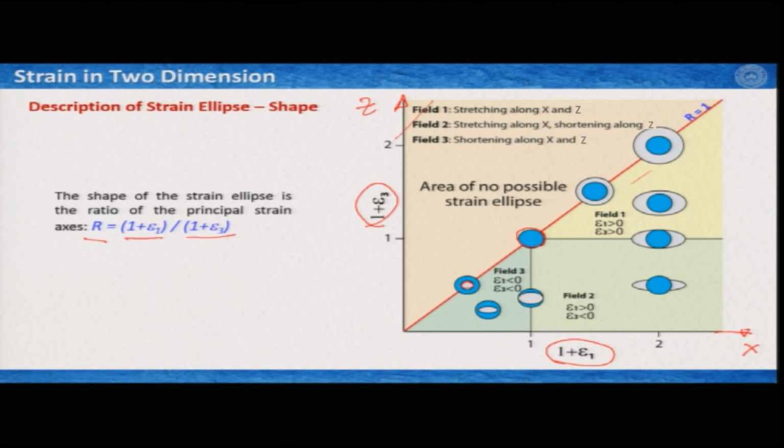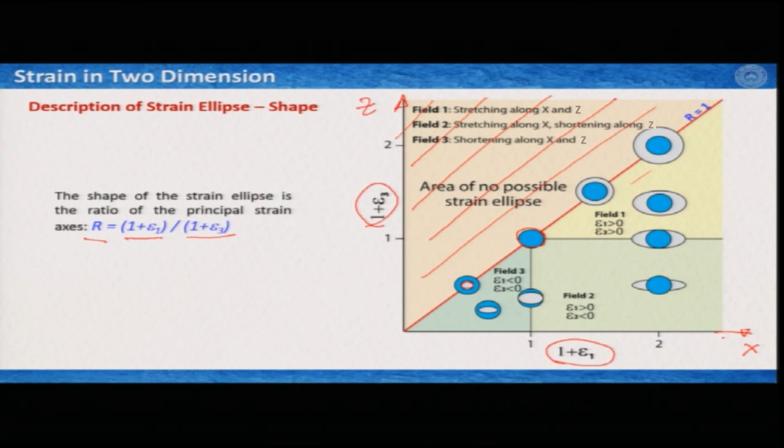Now, in this domain, that is above this R equal to 1 line, any strain ellipse is not possible, because of the consideration that E1 is the longest axis and E3 is the shortest axis.